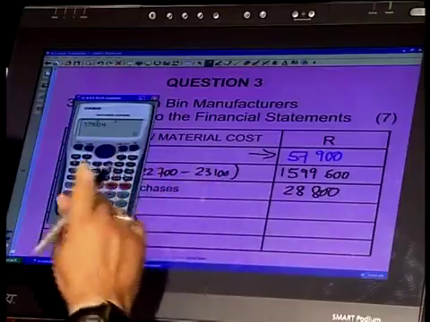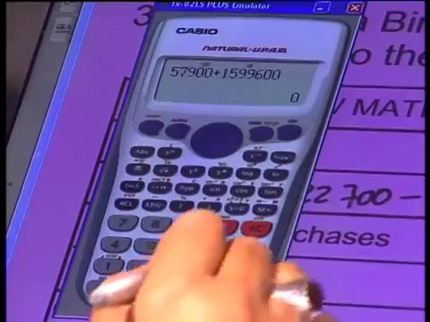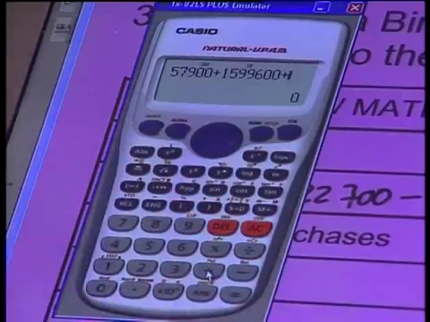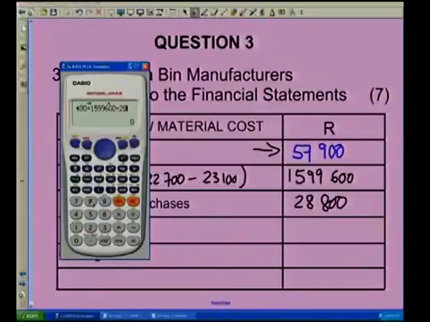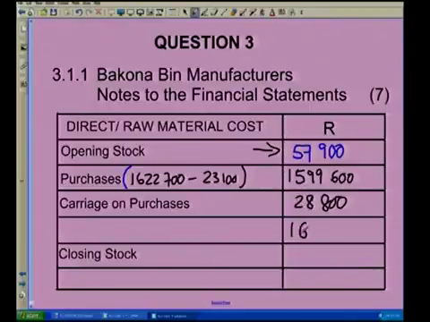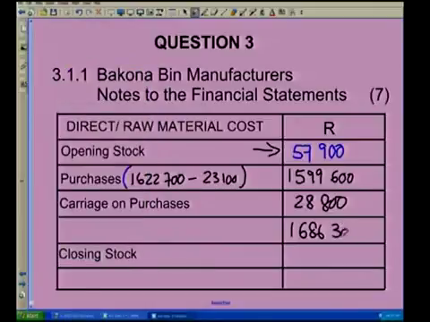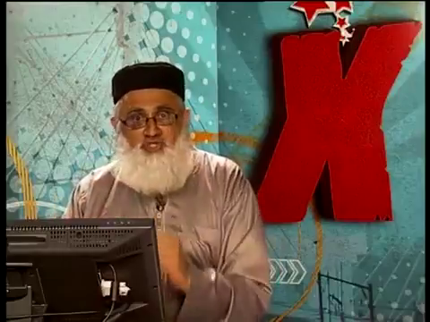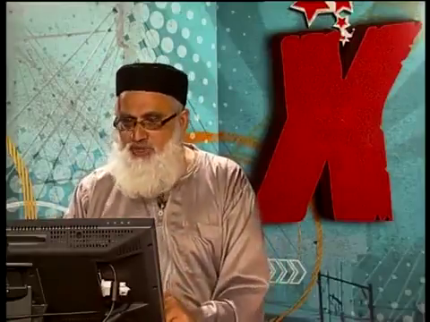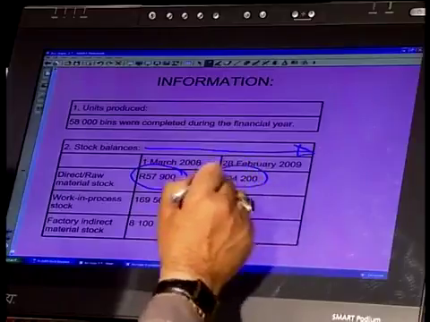Let's do that. 57,900 plus my purchases figure of 1,599,600 plus my carriage on purchases, which was 28,800, which is equal to 1,686,300.